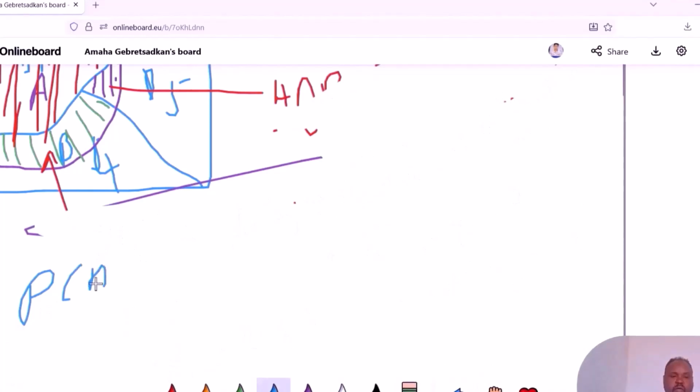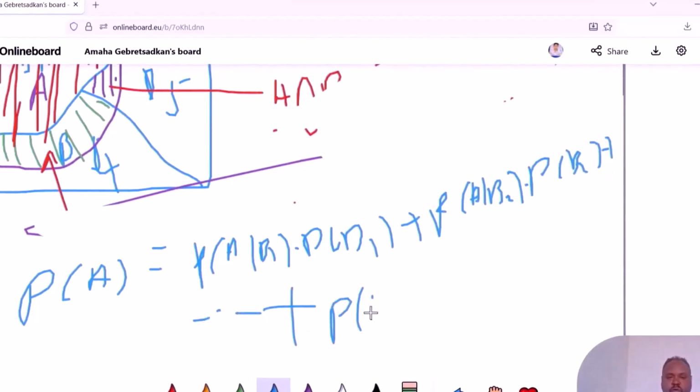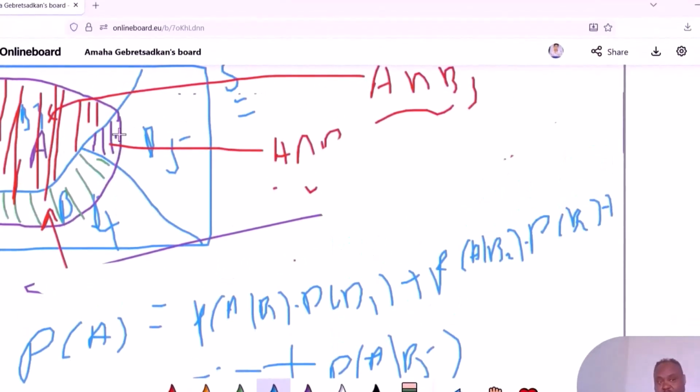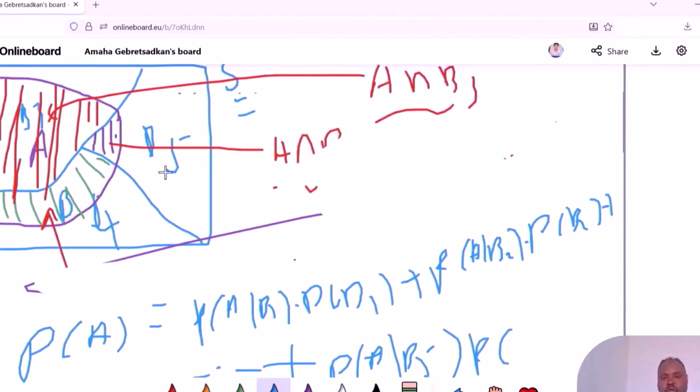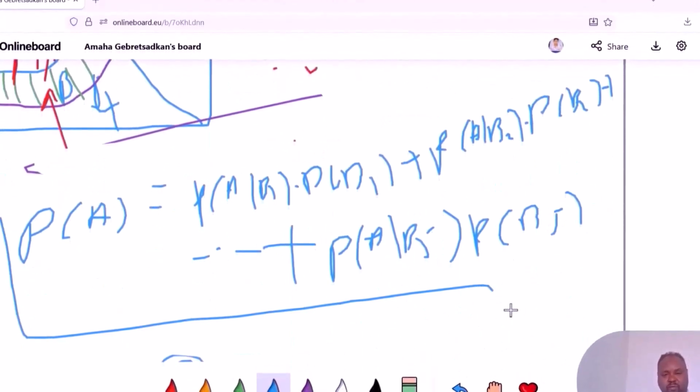Therefore, the probability of A is nothing but the probability of A given B1 times the probability of B1, plus the probability of A given B2 times the probability of B2, plus dot dot, the probability of A given B5, times the probability of this partition 5, B5. This is nothing but total probability, right?